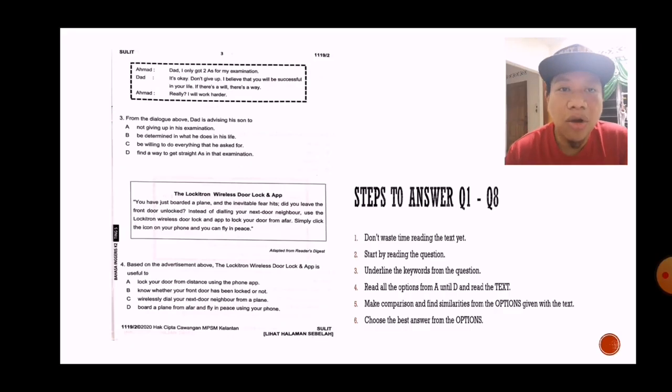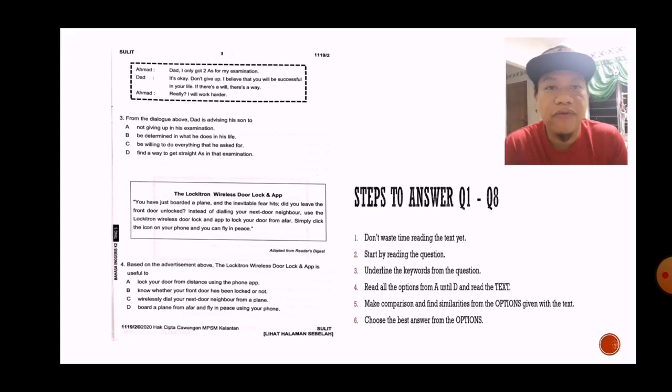So now you need to find the answer that has a similar meaning to if there's a will, there's a way. Okay, so A, B, C, D. Which one? From A until D, which one? Okay, try to read first.